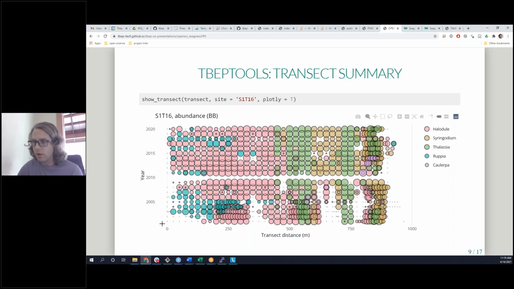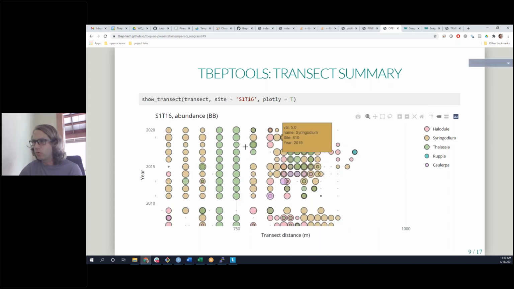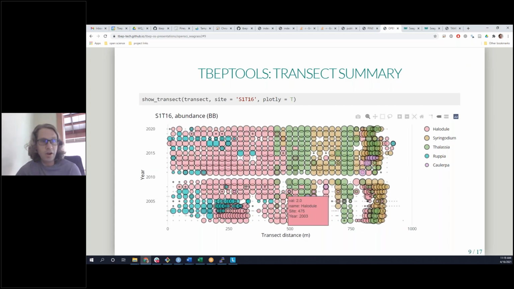So going from the oldest transect to the most recent transect, and each point along the x-axis is a point along the transect that's been surveyed. So you can see each species here is color-coded. Ruppia, blue, Halodule in this pink color, Thalassia in green, Syringodium in this olive color. And so you can get a sense of where these species have occurred along the transect, but also how they've maybe changed over time. And what's cool about these graphics is they're all interactive. You can zoom in and mouse over and look at a very fine spatial scale what's happening at this transect over time.